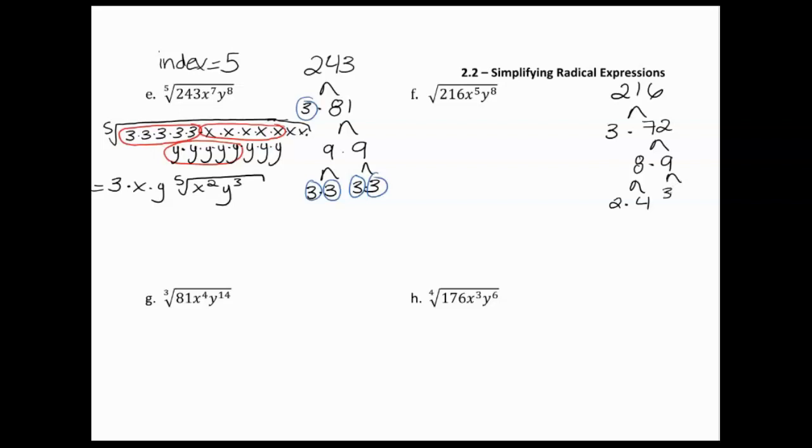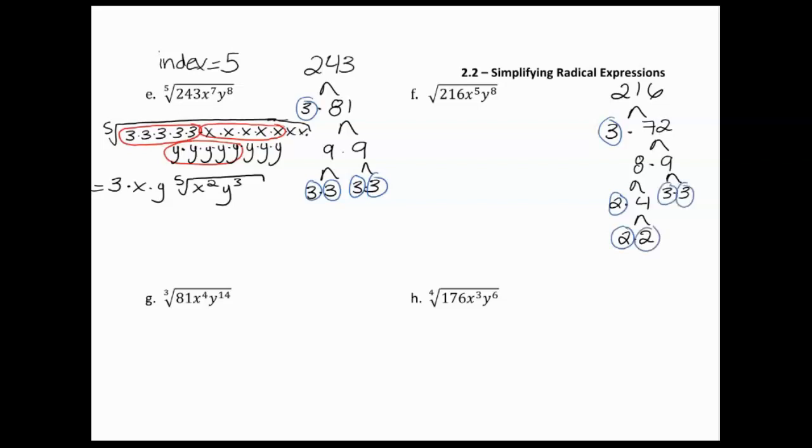And 9 is 3 times 3. And I can still break down the 4, which is 2 times 2. So our prime factorization is going to be 3, 2, 2 and 2, 3 and 3.